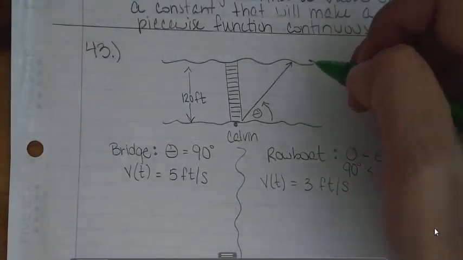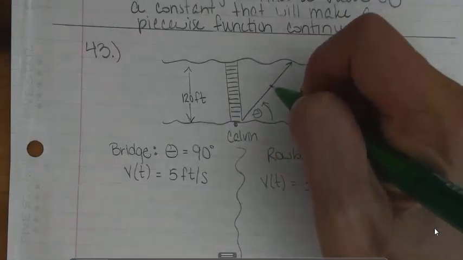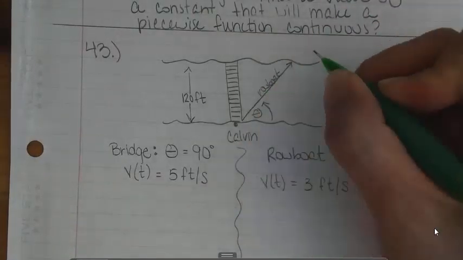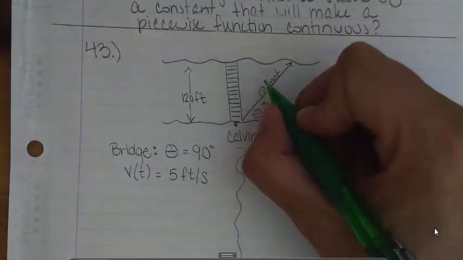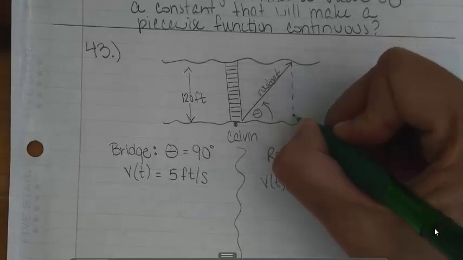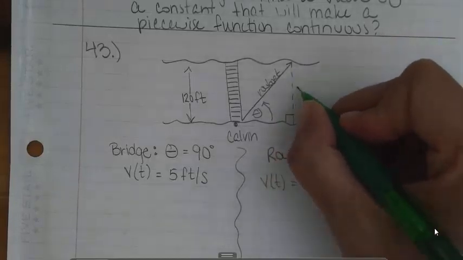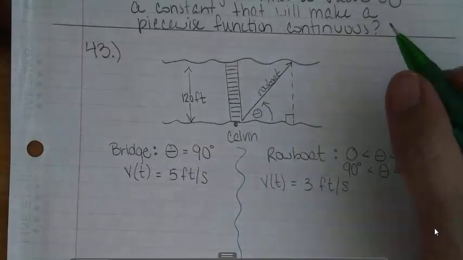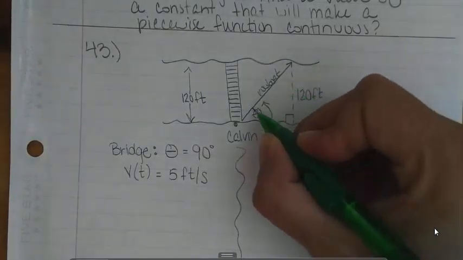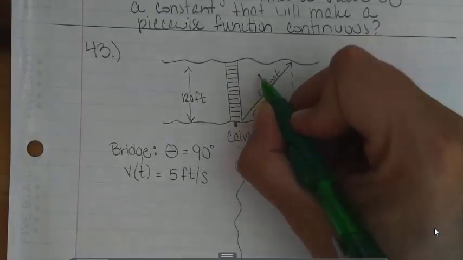Looking at him in the rowboat here, we are not really sure what that distance is. I'm going to create a right triangle here. I know that the distance straight across the river at a 90-degree angle is 120 feet. I'm not sure what this is, but there's a way I can figure that out.